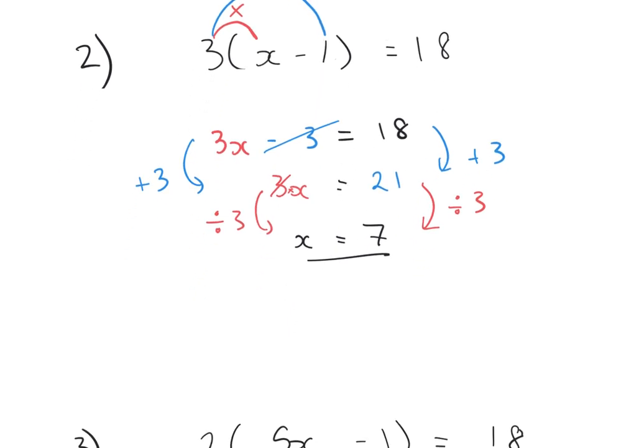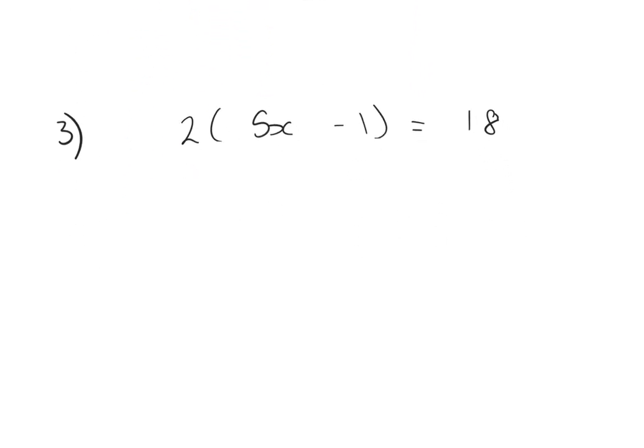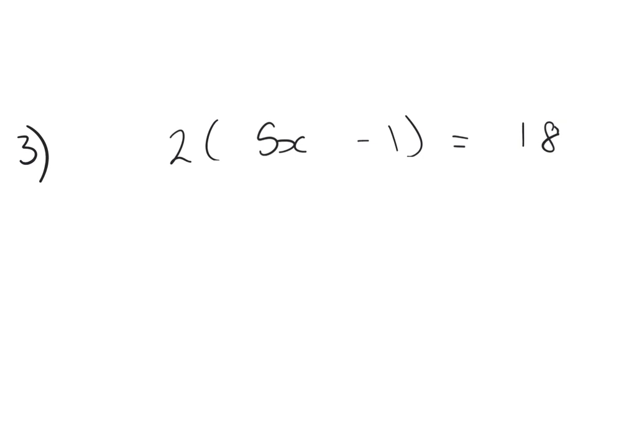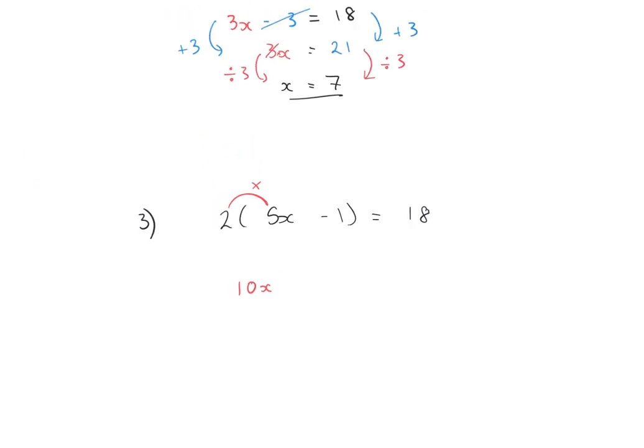Last but not least, one more example, should be all we need really. We're going to times these now. So again, we do the same thing that we've just done. 2 times 5x, that is 10x. Notice that the x is inside with a number next to it.